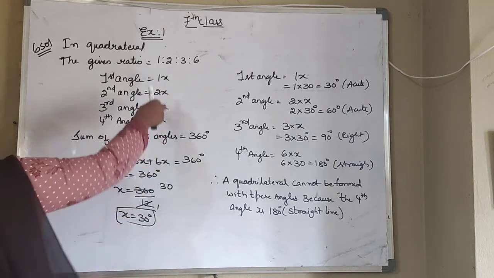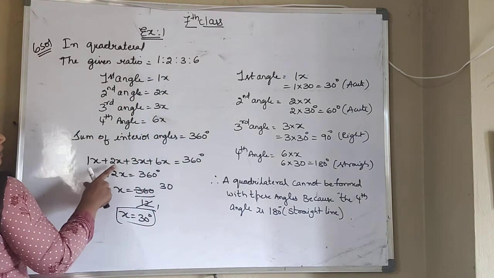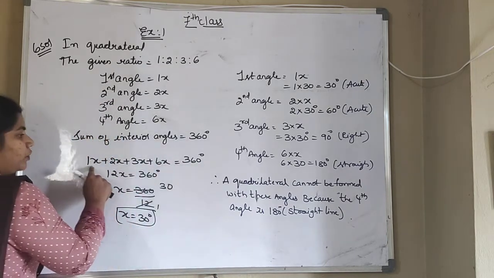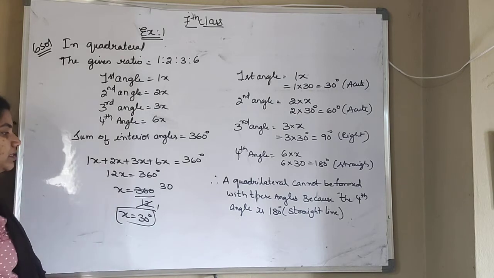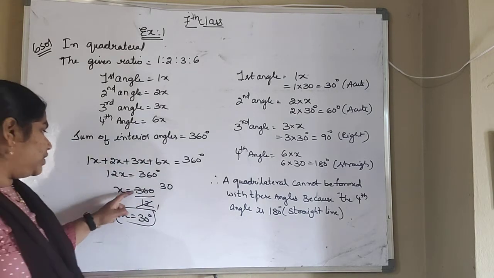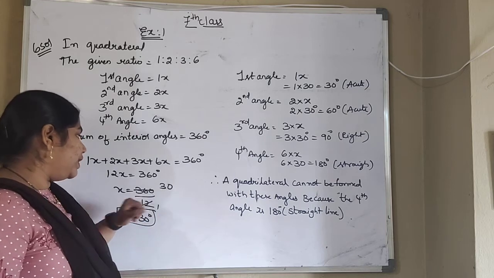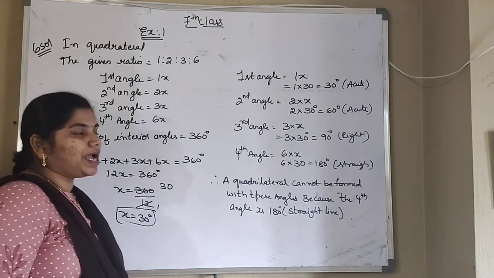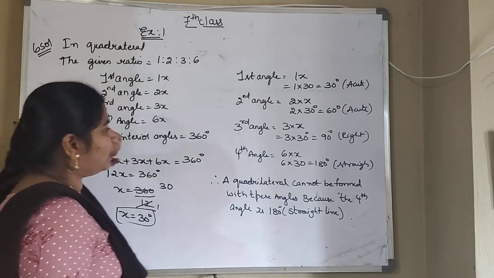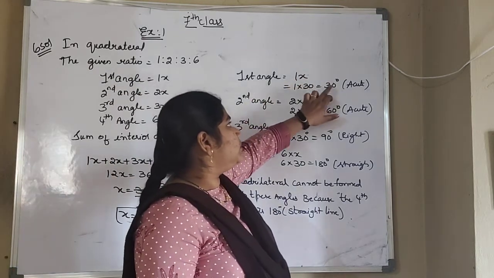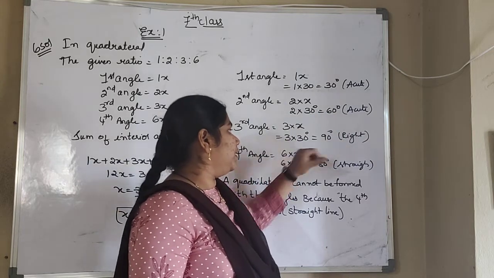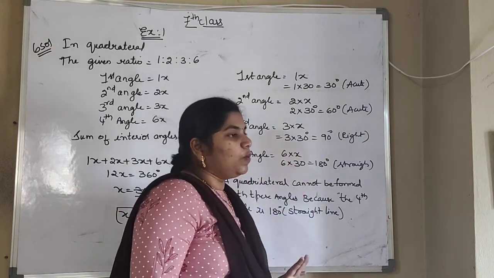So 1x plus 2x plus 3x plus 6x is 360, so 12x is equal to 360. Transposing 12 to the other side, 360 by 12 gives x as 30. Substituting, 1 into 30 is 30, 2 into 30 is 60, 3 into 30 is 90 and 6 into 30 is 180.